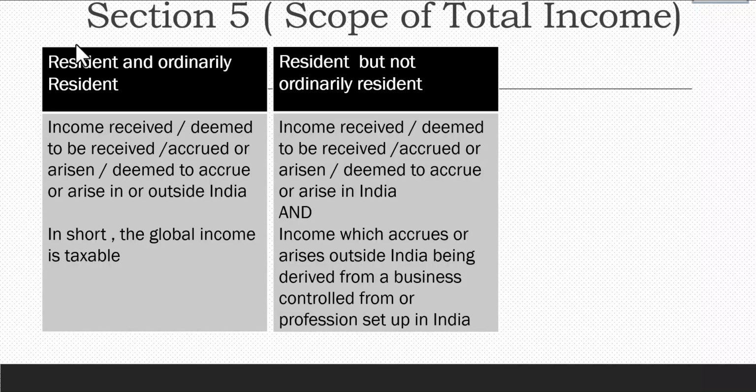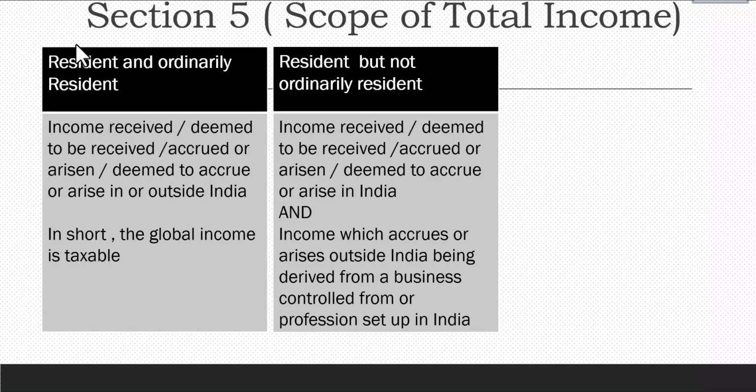But then there is income which accrues or arises outside India, derived from a business controlled from or a profession set up in India. Apart from that, if you are earning any money which is coming to you out of India, but it is from a business or a profession which is set up in India.